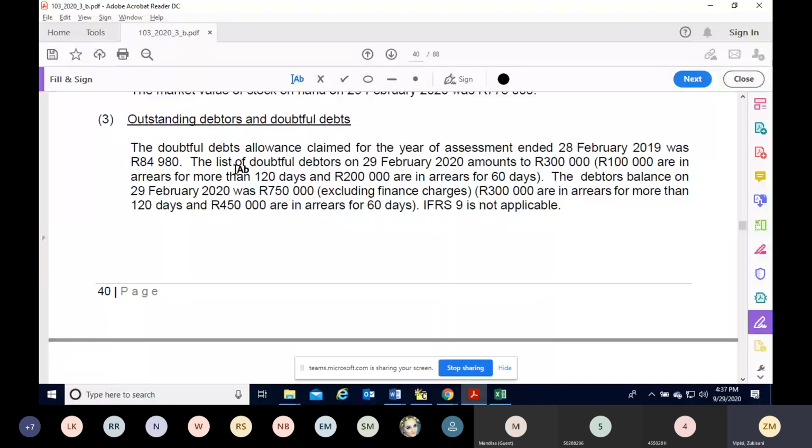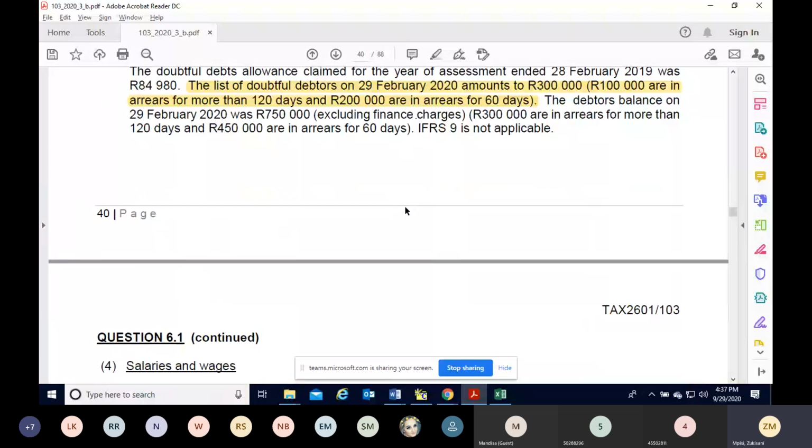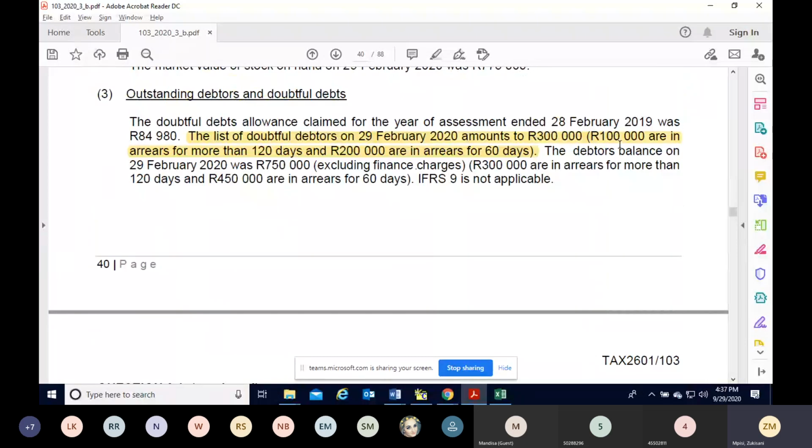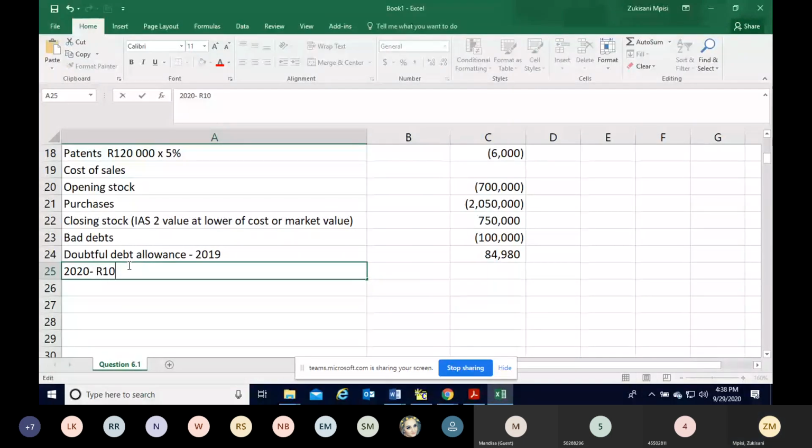Remember, we always work with the list of doubtful debtors. So we never work with the debtors balance. We always work with the list of doubtful debtors. So we've got 100,000, which is more than 120 days. So which means that for 100,000 will apply. What is the percentage of the allowance for 100,000? 40%.